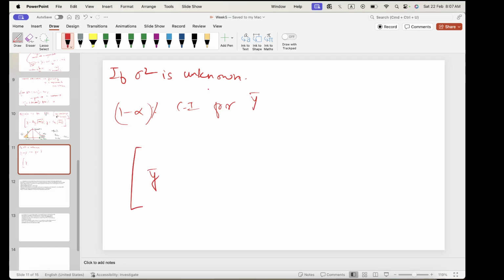This will be Y bar. Instead of the normal 0-1 distribution, we'll have a t distribution.